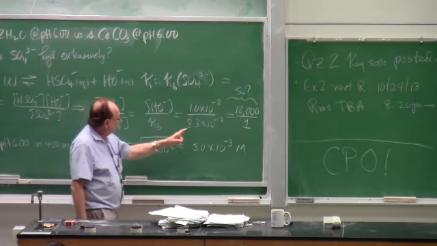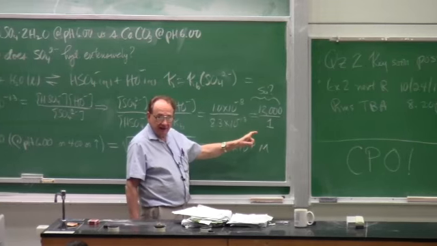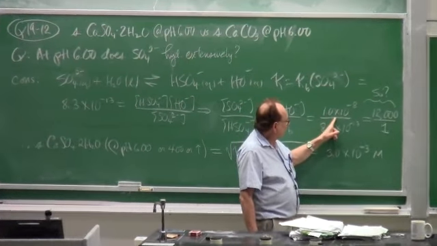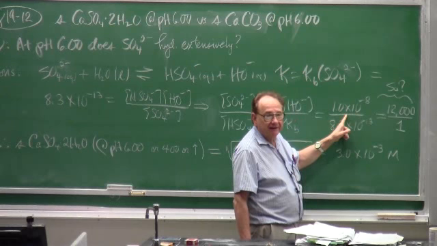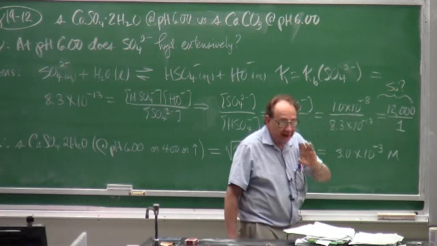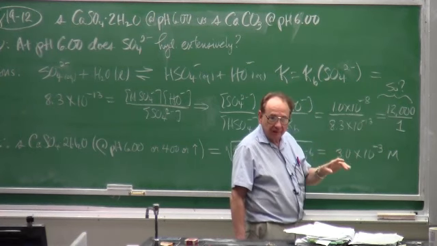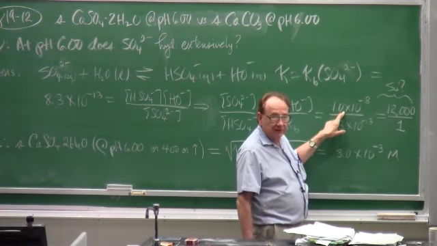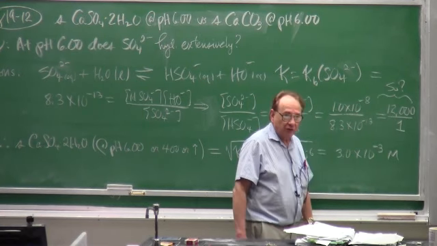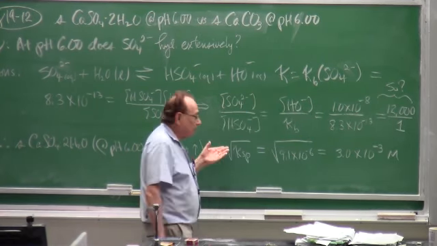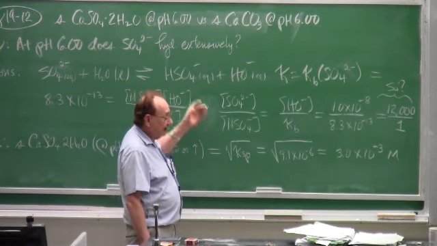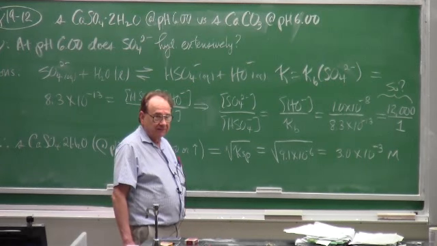In fact, if you look at this, you can see that this is going to have to go down at least to pH 10. I mean, pardon me, not pH 10, but pH 4, so that this will be 1.0 times 10 to the minus 10, in order to get a ratio of sulfate to hydrogen sulfate which might require you to consider the hydrolysis reaction.